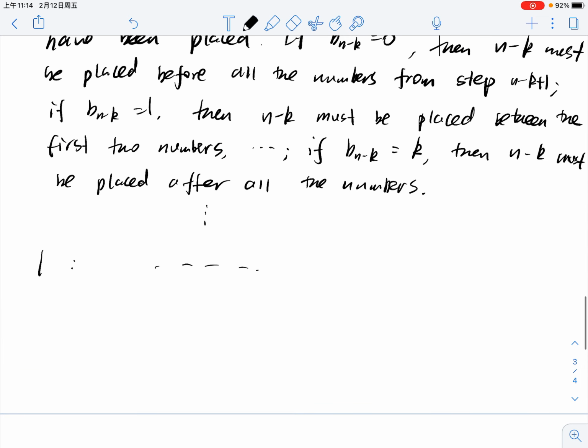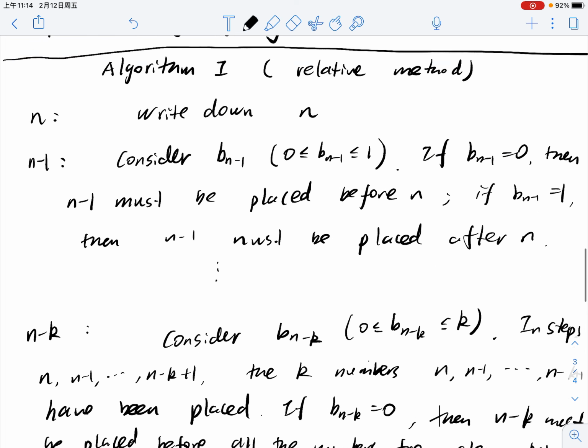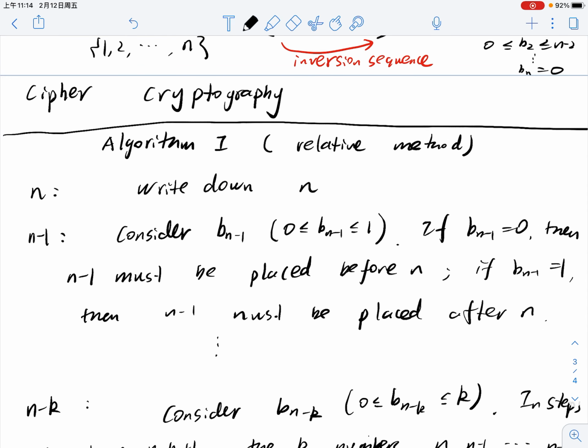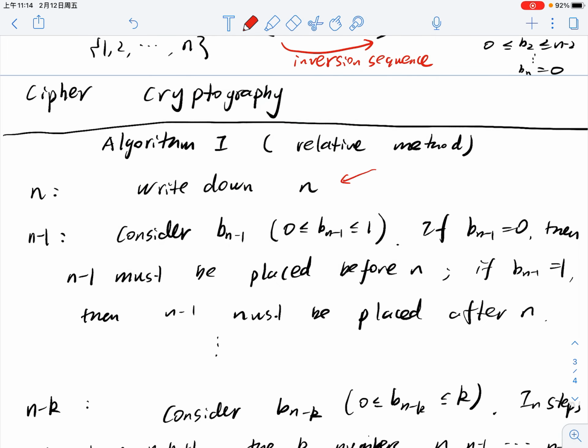And this is a relative method because, for example, in the first step, you write down m, and we just know the relative positions for a certain number in the intermediate steps.